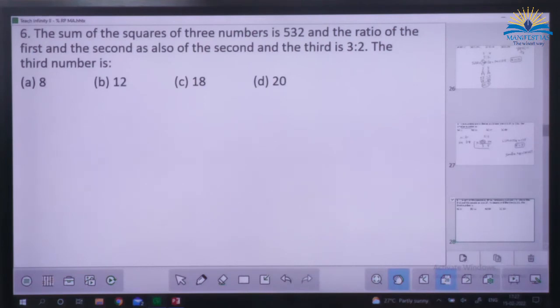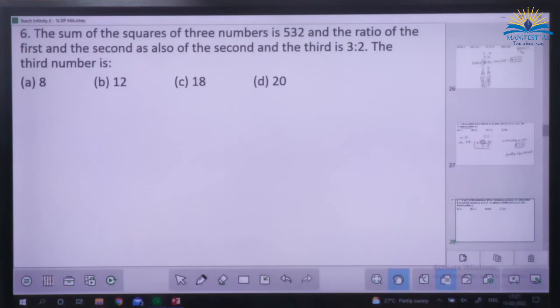Second equation is the ratio of the first and second, also second and the third, is 3:2. See, x is to y is also 3:2 and y is to z is also 3:2.